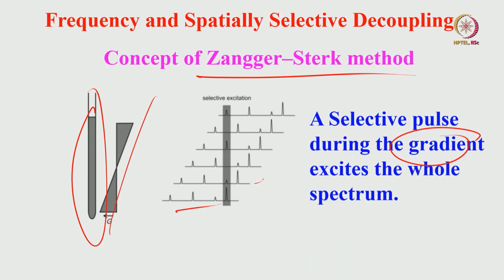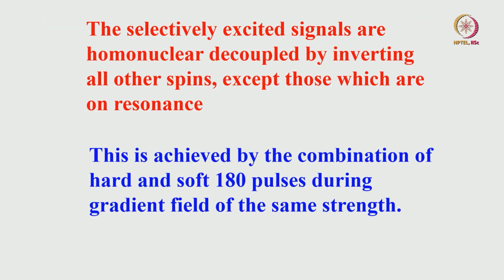In different slices of the sample, different spins are excited. Essentially, the whole spectrum is excited by a selective pulse during the gradient. The selectively excited signals are then decoupled by inverting all other spins.